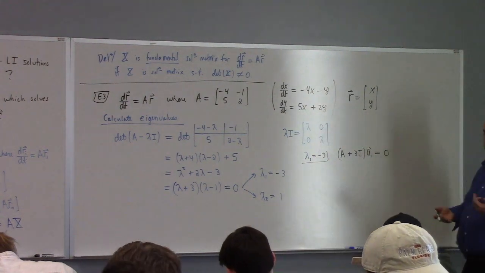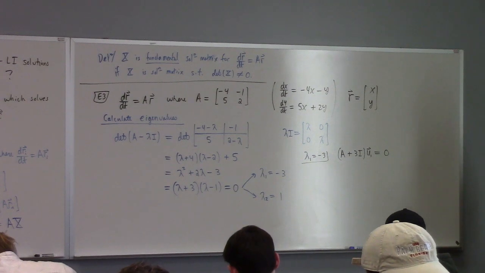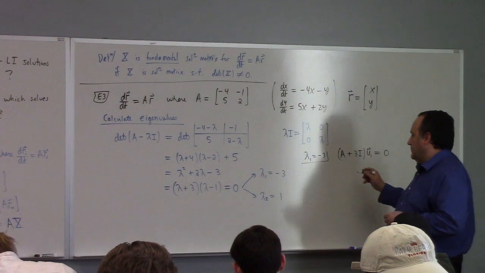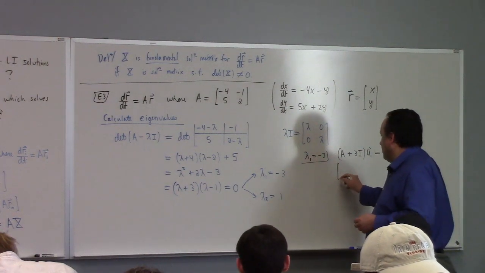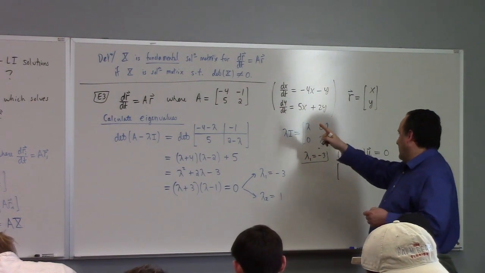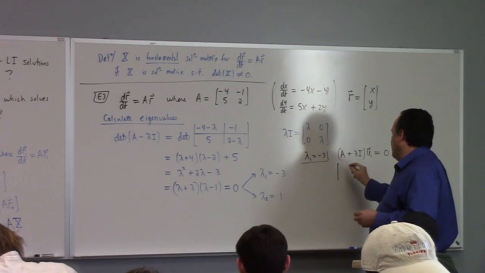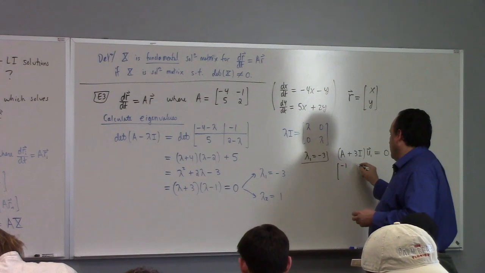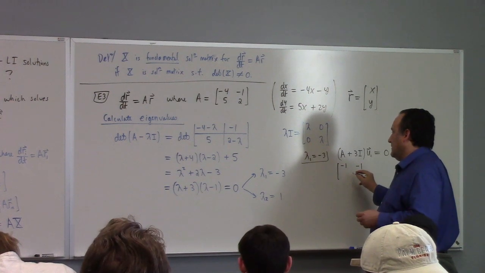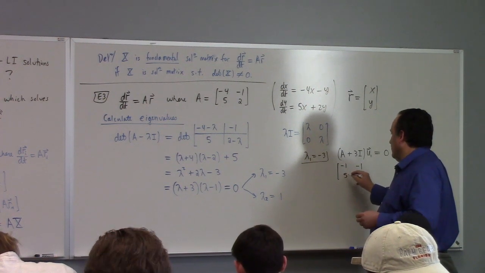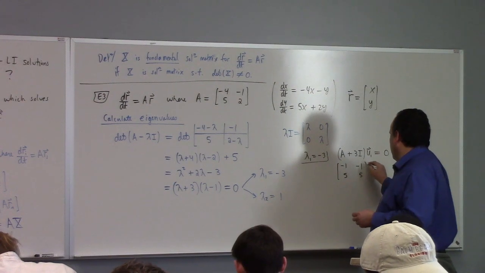That would be the equation that the eigenvector u1 should solve. So let's plug that in here. I take my matrix A, I add 3 times I to it in this case. That gives me the matrix (-1, -1; 5, 5).